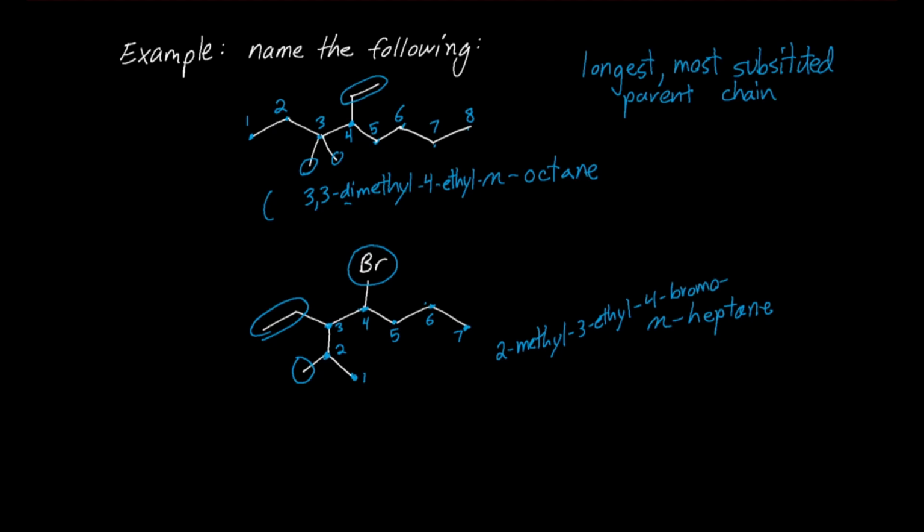So for the halogens, fluorine, chlorine, bromine, and iodine, we call them fluoro, bromo, chloro, iodo. There is a rule that says you want to put these alphabetical, so technically it might be more correct.